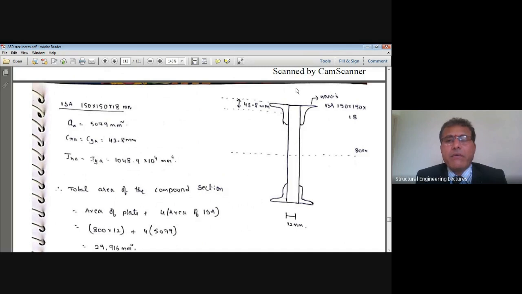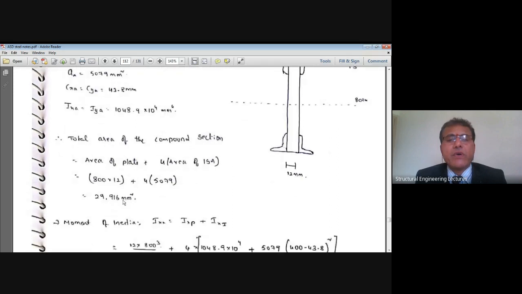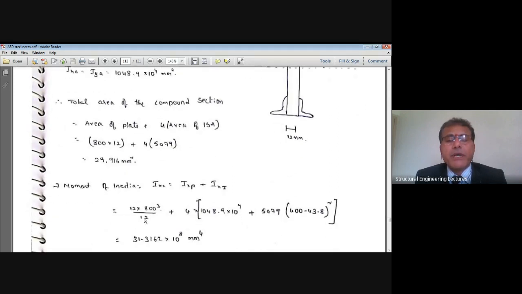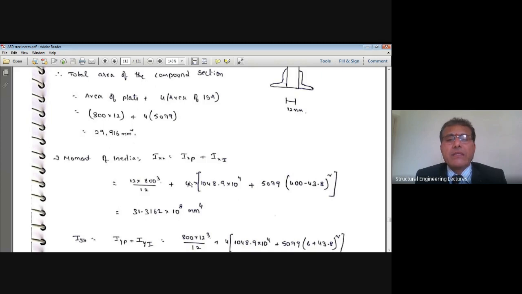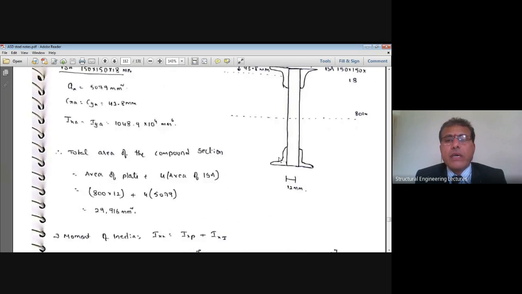Now, let's see the moment of inertia of this web plate whose width is equal to 12 and depth is equal to 800. Therefore, it now works out 12 multiplied by 800 cubed by 12, bd cubed by 12. That itself is passing through the CG of the compound section. Therefore, I'll not use the parallel axis theorem here. Whereas for the angles, there are 4 angles. The moment of inertia about their own axis is 1048.9 into 10 to the power 4. But I need to transfer them to this CG axis, right?